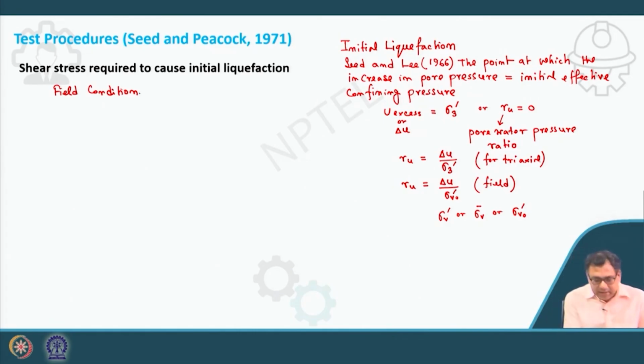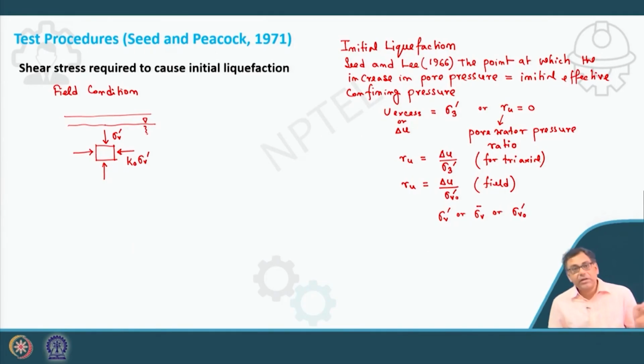This is your ground and this is, say, a soil element in the field which is subjected to sigma V dash or bar, or sigma 0 bar, the initial condition, and this is subjected to K0 sigma V dash. Okay. And it is saturated, so there will be a water table also, because the definition mentions saturated cohesionless soil.